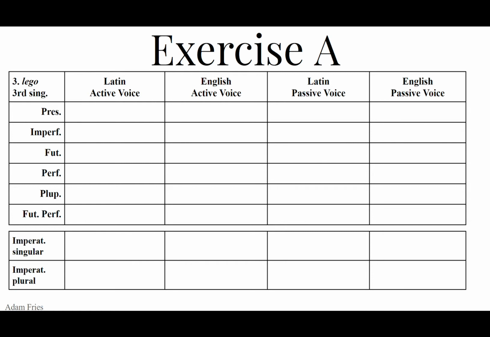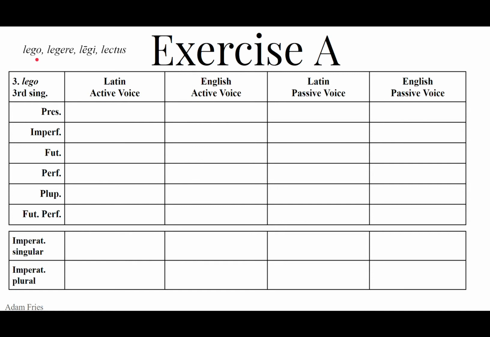First, as always, before embarking on a verb synopsis, you must know that verb's principal parts. So when you look up lego in a dictionary, you get lego, legere, legi, lectus. So you need to know all 4 principal parts and then identify what conjugation this verb is.